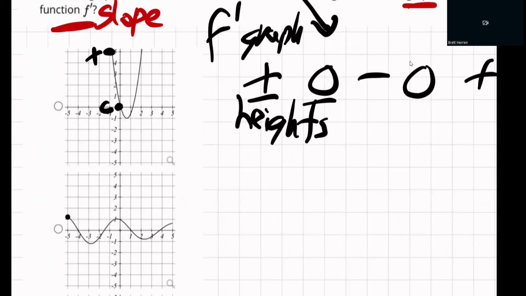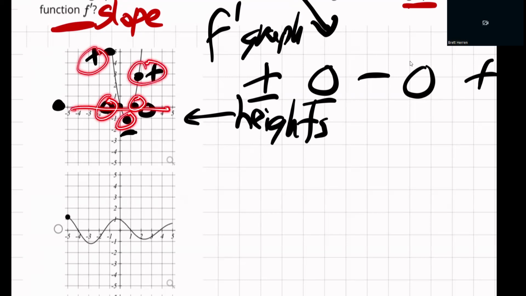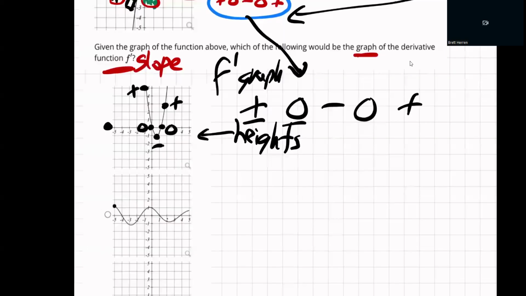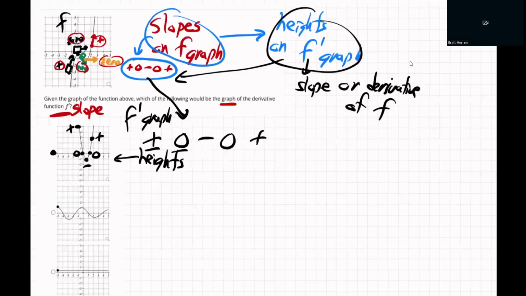It's positive height, zero height, and then this is a negative height. This is a zero height, and this is positive. That's our answer right there. See how it goes? Positive height, zero height, negative height, zero height again, on the x-axis, then positive height. It goes positive, zero, negative, zero, positive height, just like this one goes slope positive, zero slope, negative slope, zero slope, positive slope.